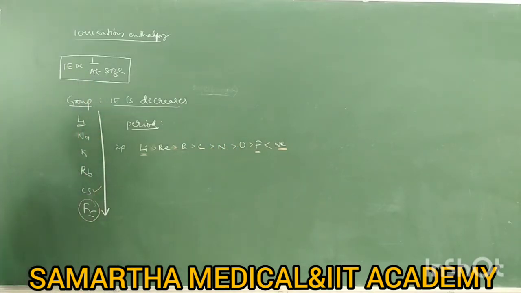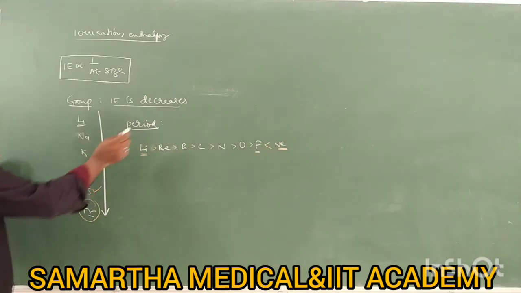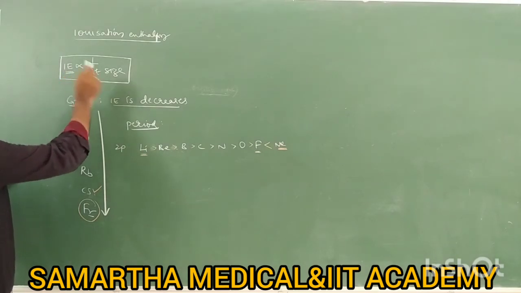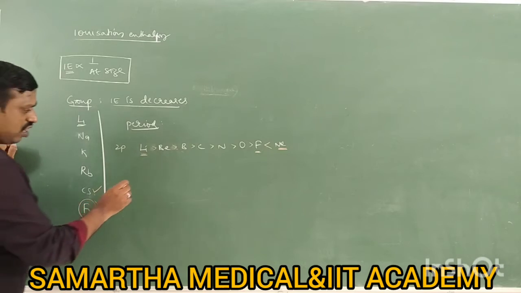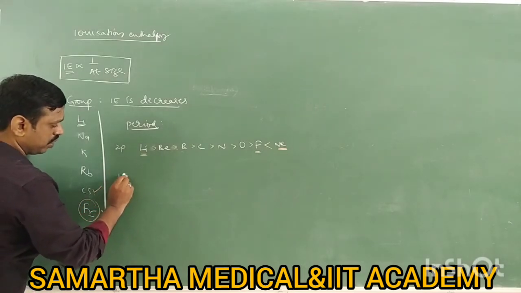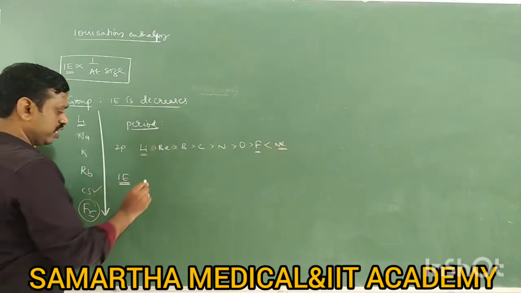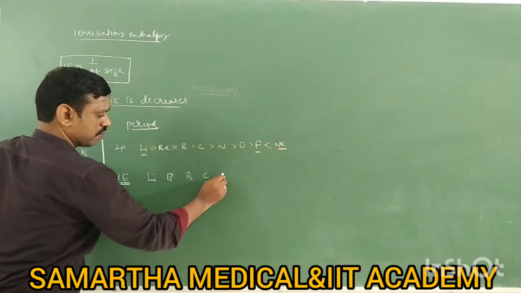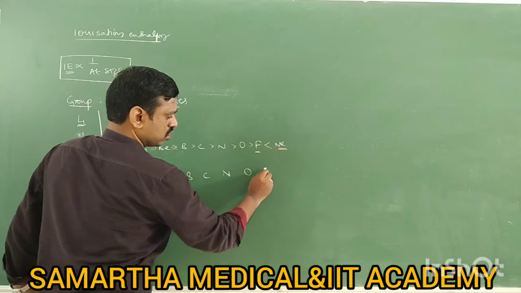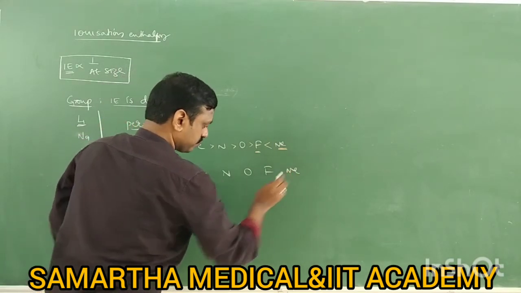When size decreases, ionization enthalpy must increase, because IE is inversely proportional to atomic size. So what is the order of ionization enthalpy in a period? Lithium, beryllium, boron, carbon, nitrogen, oxygen, fluorine, neon.